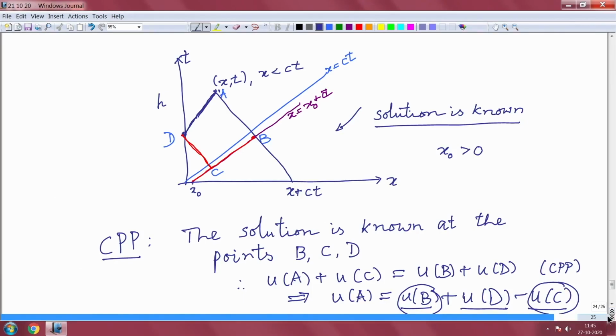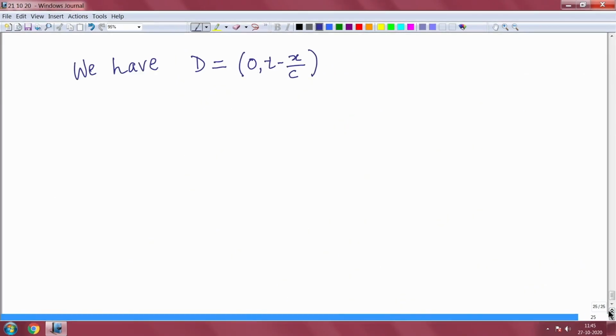Then B is the intersection of the characteristic passing through the point x 0 and the characteristic passing through the point x t. You have to do some algebra here, and I am skipping that algebra.